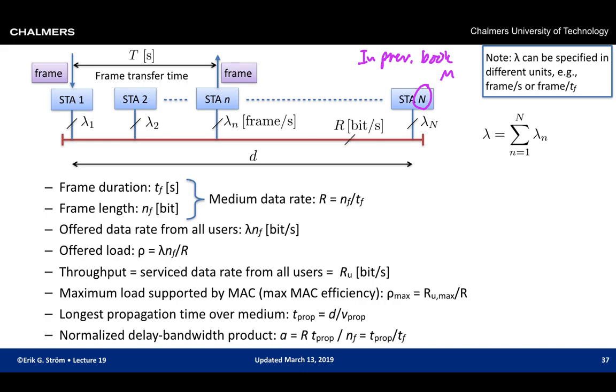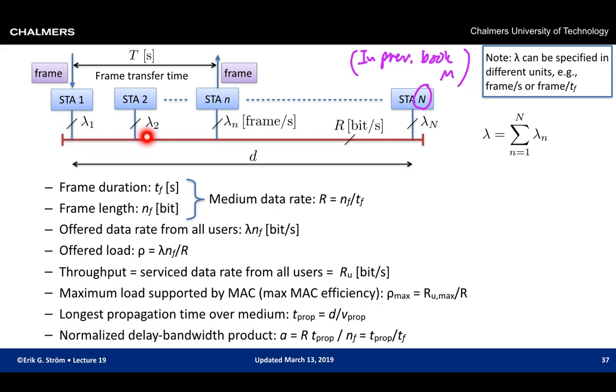It should be clear from context whether it's M or N. Anyways, we have a number of stations, all of them producing a number of frames per second that should go over this shared medium.